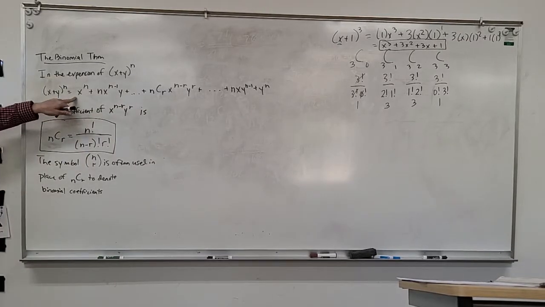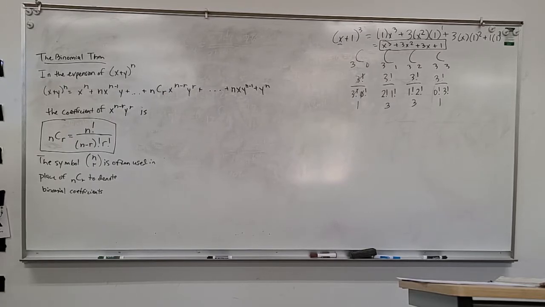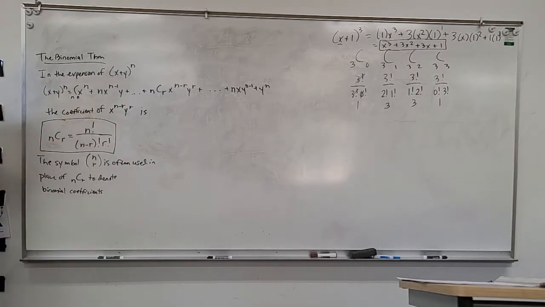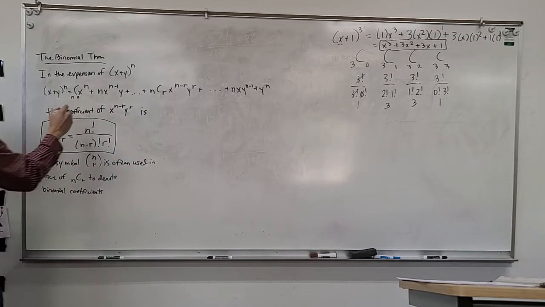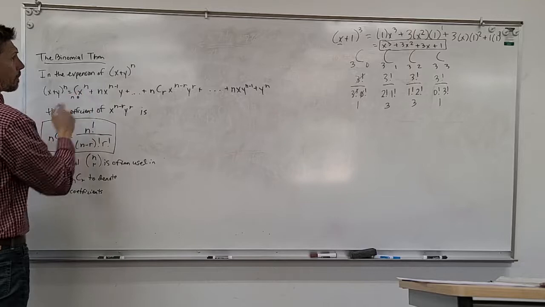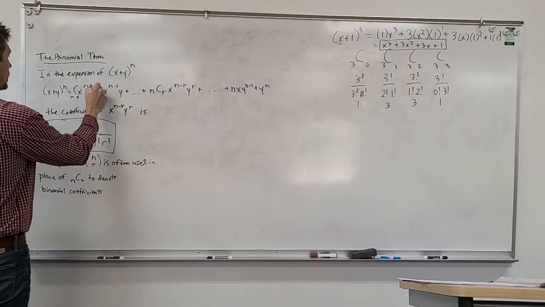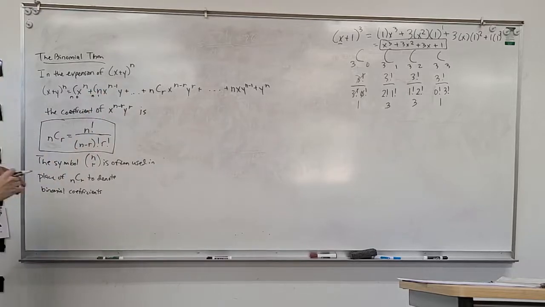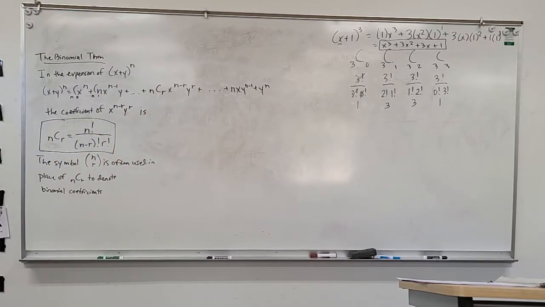I wish they would have actually put C, maybe C n choose 0 right there, so we would have seen that. And then this would be C n choose 1, so that we could have made sense of that as we went along.